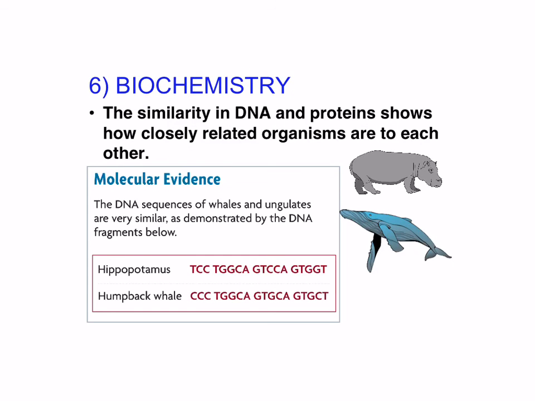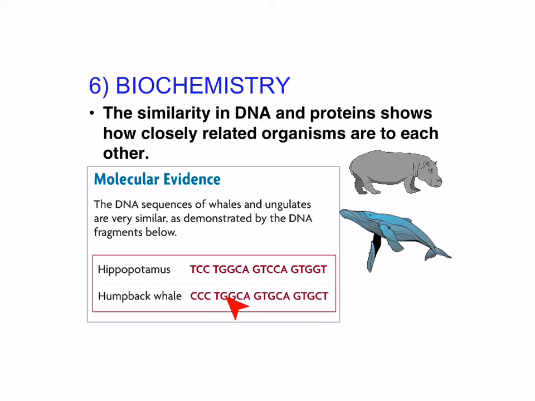Finally, the last piece of evidence is biochemistry. When we look at the similarity in DNA and even in protein structure, it shows how closely related organisms are to one another. For instance, we could look at the DNA sequence of a hippopotamus and a humpback whale. They don't seem like they're very related, but when we look at their DNA sequence, they're almost identical.